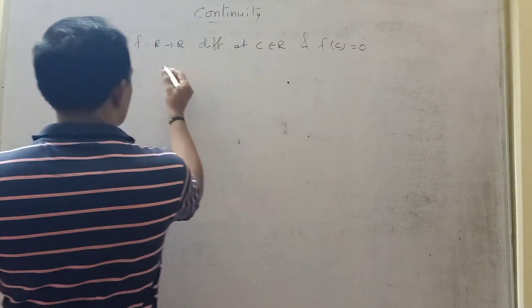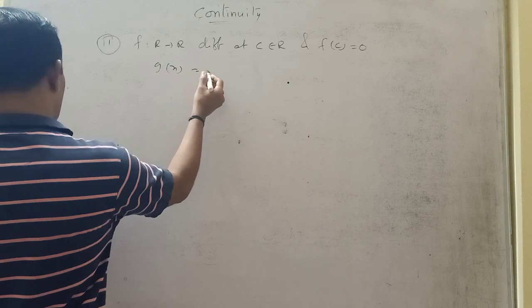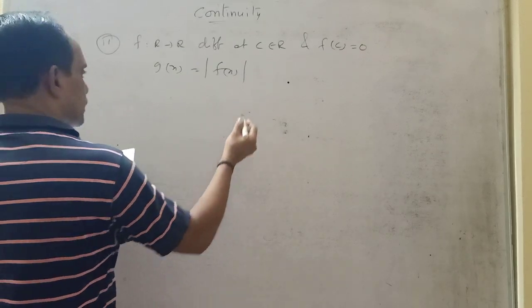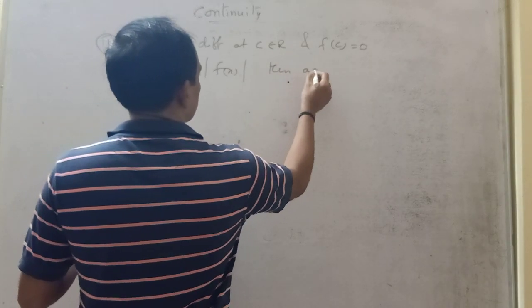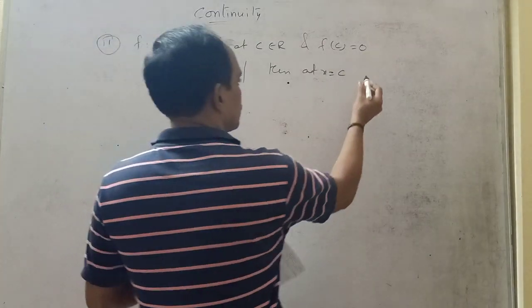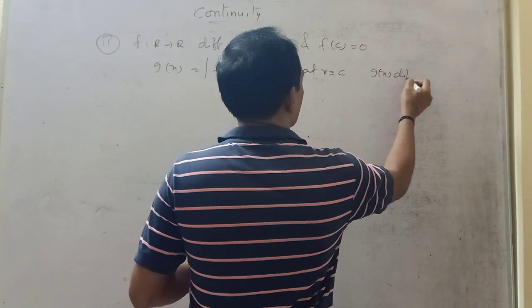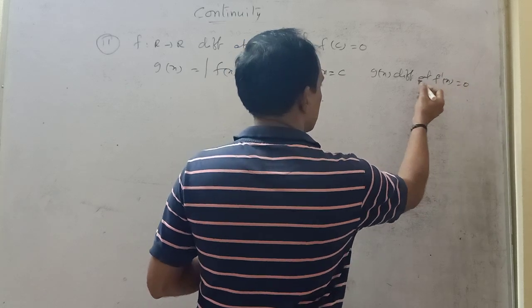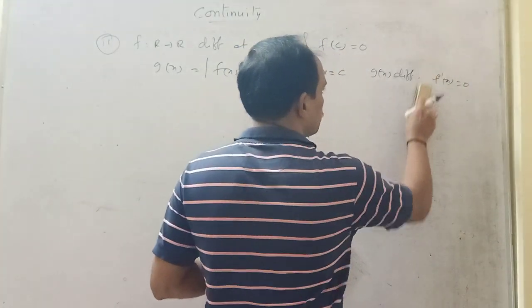And if g of x is equal to modulus of f of x, then at x is equal to c, g of x is differentiable if f dash c is equal to 0. This is the answer we have to prove.